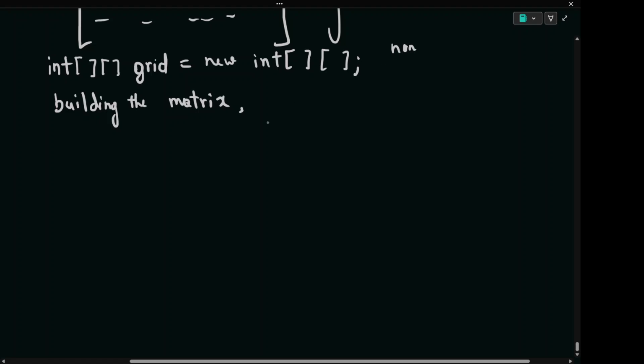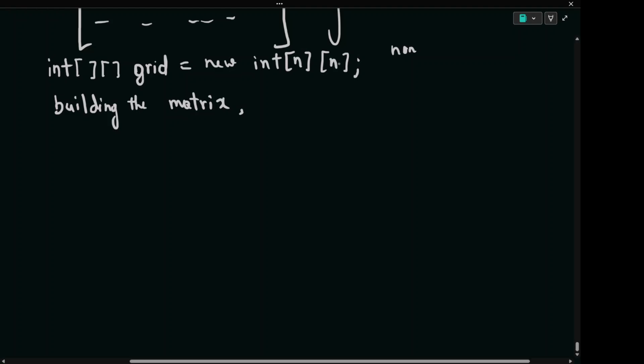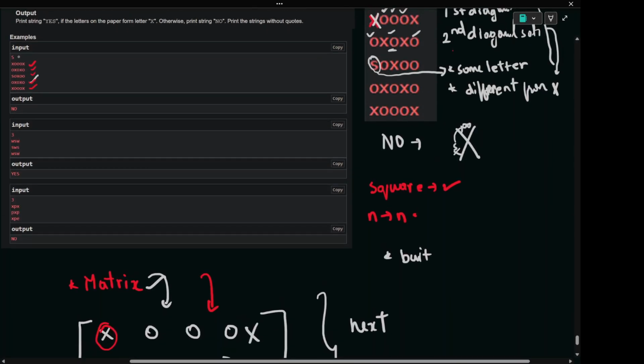But what is the size of this grid or the matrix? It is nothing but n into n, correct? Because we have 5, right? 5 they gave. If 5 is a side, then how many columns and rows will be there? There will be 5 columns and 5 rows, right?